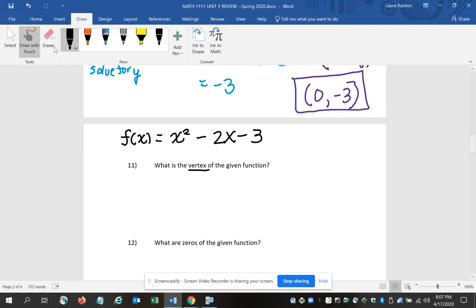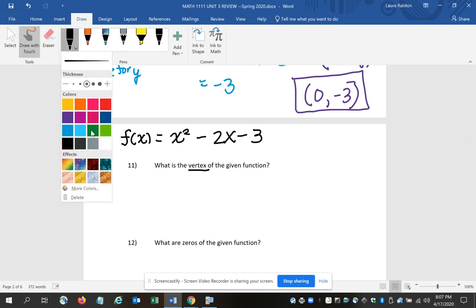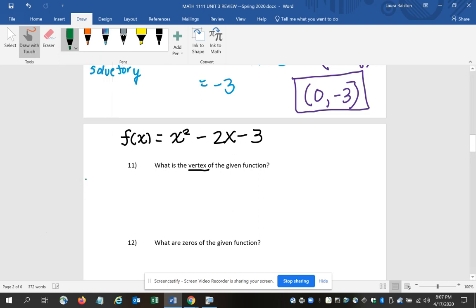The easiest way to find the vertex is to use the vertex formula. Remember, for the vertex, the ordered pair is typically h comma k. H corresponds to the x coordinate, which is the opposite of b over 2a. And then the k coordinate corresponds to the y value, and we find that by substituting x back into the problem.